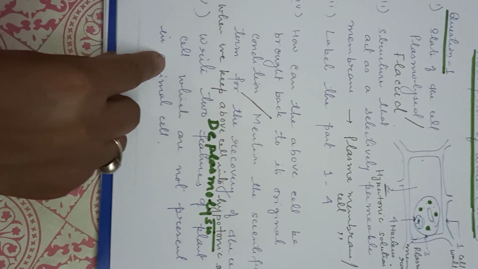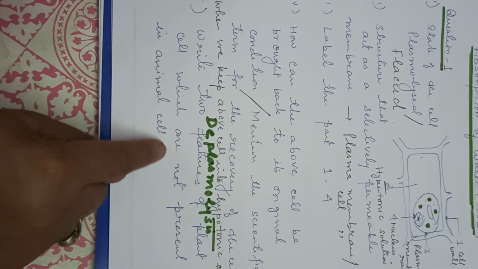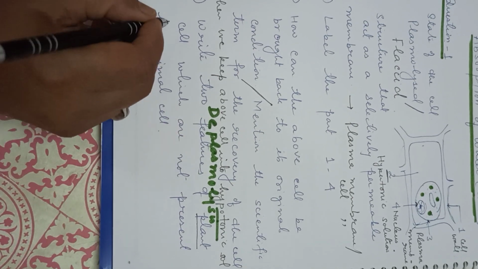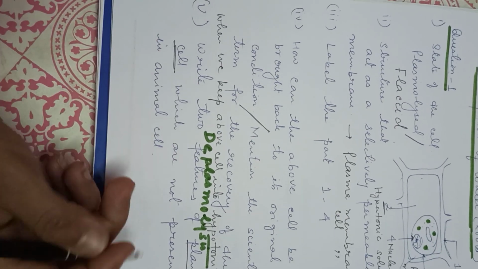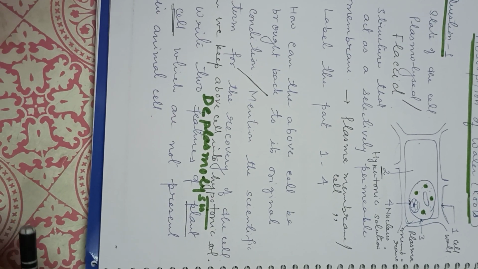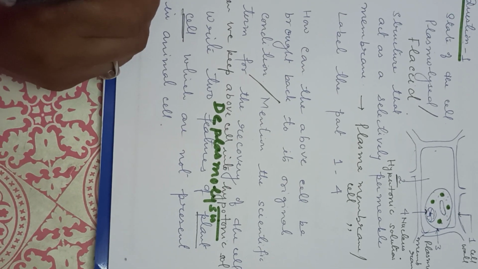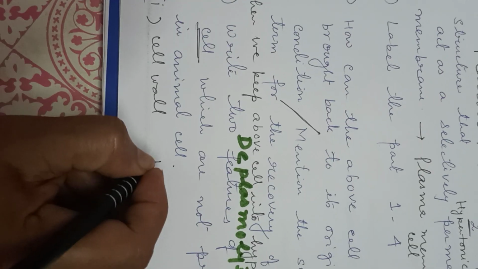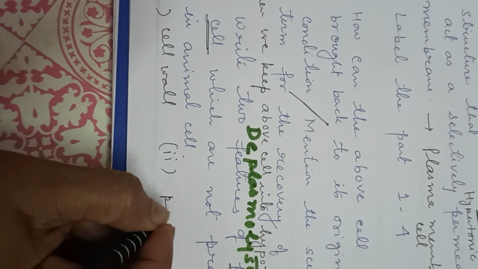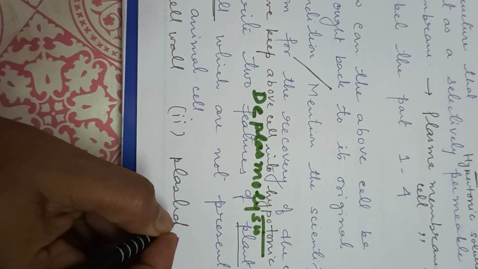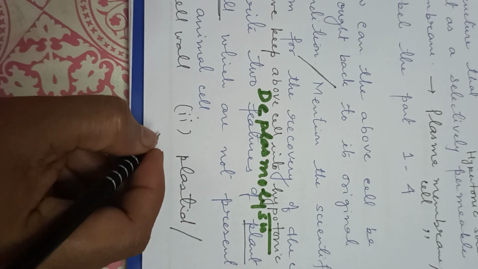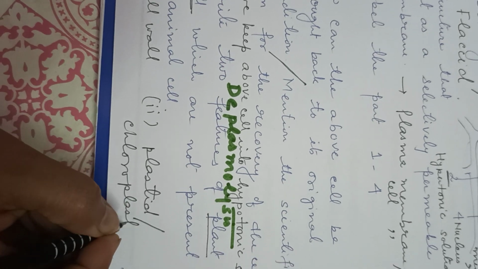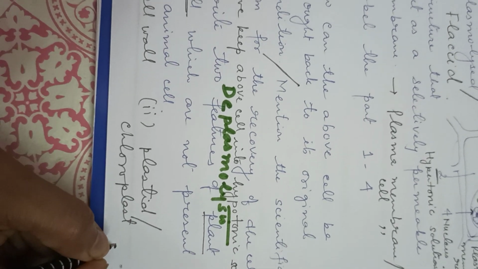Next, write 2 features of plant cell which are not present in the animal cell. The question is asking about the plant cell, so don't write for the animal cell. Number 1 is cell wall, and the second you can write is plastid, or in place of plastid you can write chloroplast.